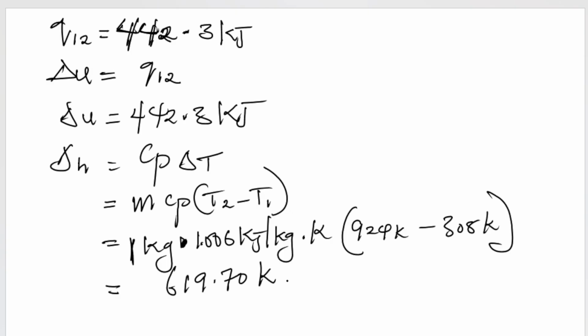From my own value, I got 619.70 kilojoules. Why is it kilojoules? The Kelvin, when multiplied, gives a unique value and is washed out by the subtracted value. You are left with kilogram here: kilojoules per kilogram, which removes your kilogram and leaves you with kilojoules.